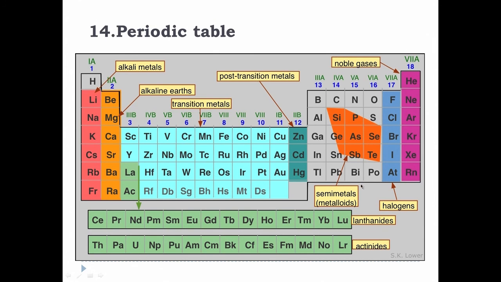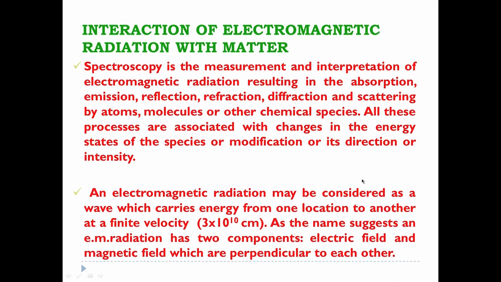Based on the previous discussion, we know about the periodic table and electronic filling. We know that the electrons are all around the nucleus occupying different energy levels, and that the occupation of the electronic orbitals and molecular orbitals can be changed by the supply of electromagnetic radiation.